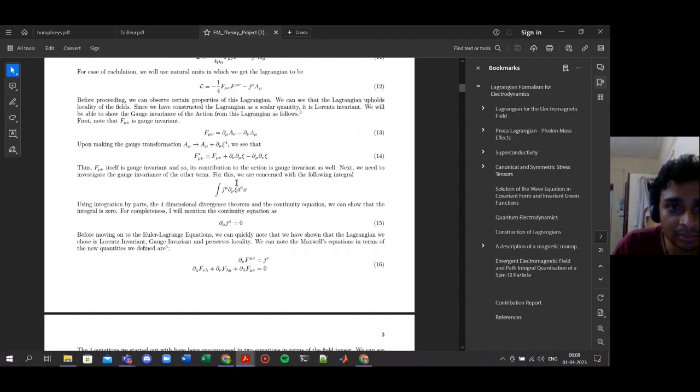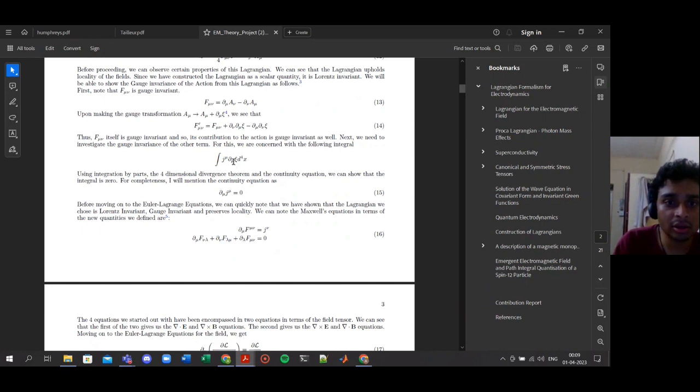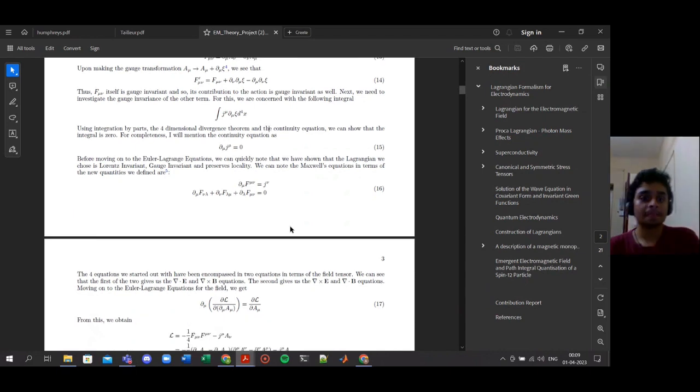The additional term that will show up is J mu del mu psi over d4x. Using integration by parts, you can switch this divergence term onto J mu, and the 4 divergence of J mu is 0, which is just the continuity equation.